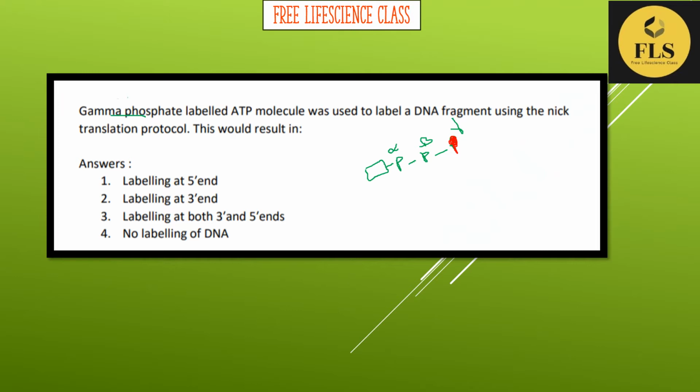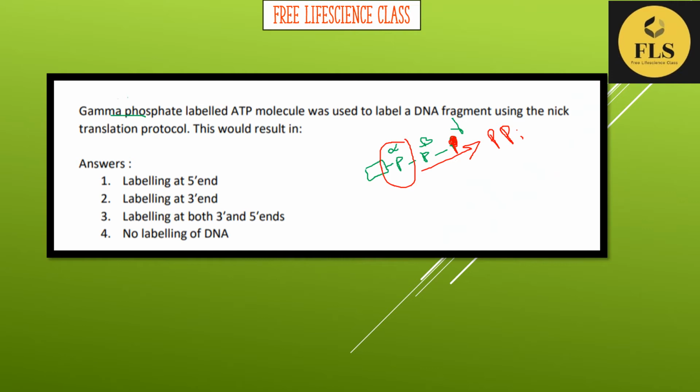This phosphate is labeled for labeling the DNA fragment. So what will be the result? Can you see the labeling in the product? Definitely no. Because when this ATP molecule incorporates phosphate into the DNA strand, only the alpha phosphate is incorporated, and the two remaining phosphates will be released as PPi and used as energy.